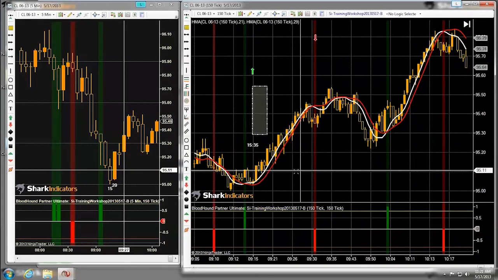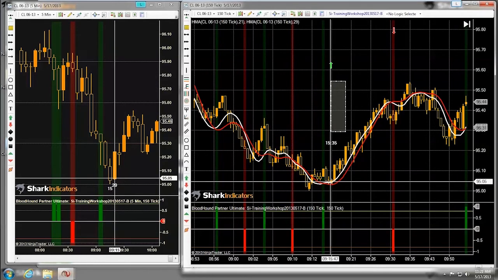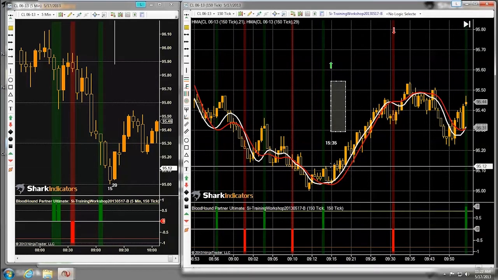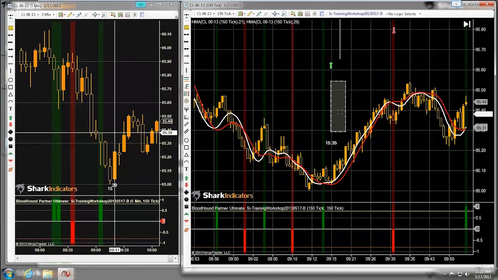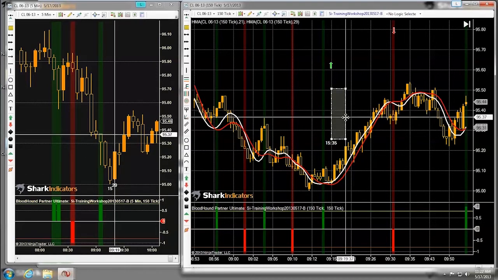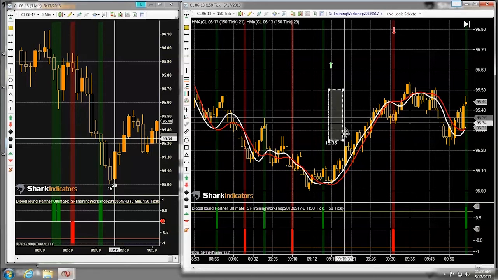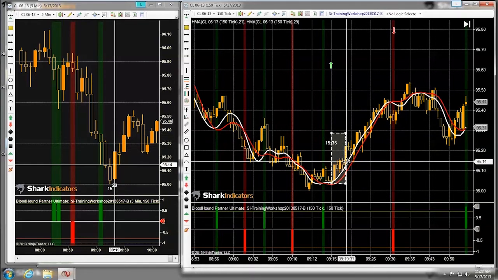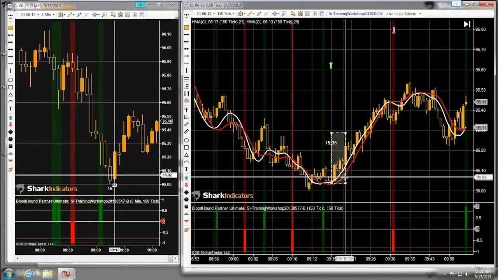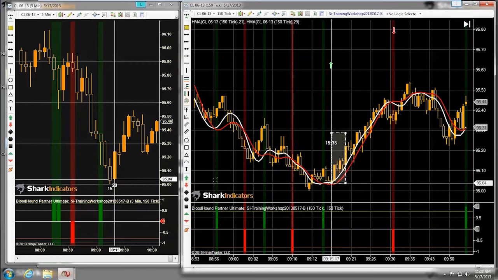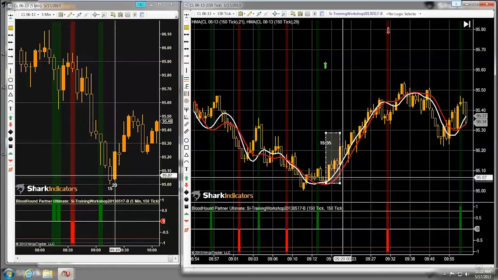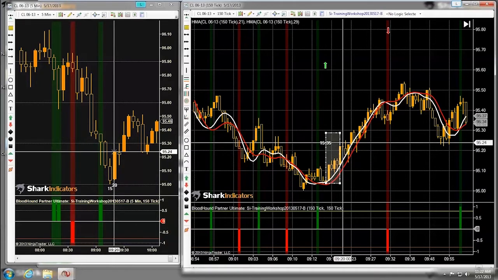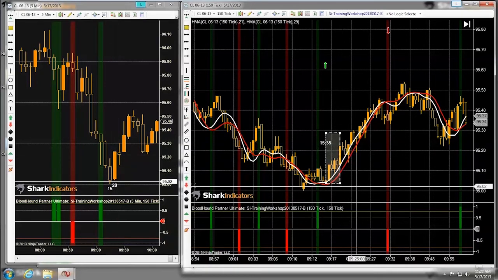All right, let's get back over here. There we go. What was happening was the continuous contract that I had on this chart wasn't back adjusted. That's why my prices didn't sync up. So on this 9:20 bar, I'm going to mark the open and the close on the tick chart.